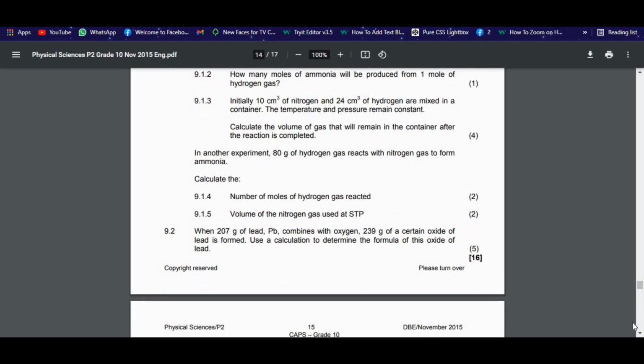Now they say in another experiment, 80 grams of hydrogen reacts with nitrogen to form ammonia. Calculate the number of moles that reacted. This is a bit of a nicer question than the question of old, because now we can just use normal mole calculations.